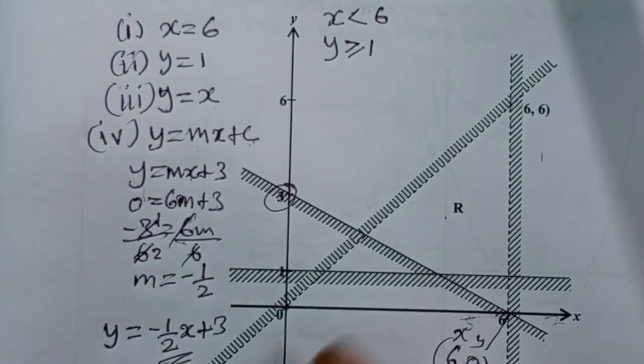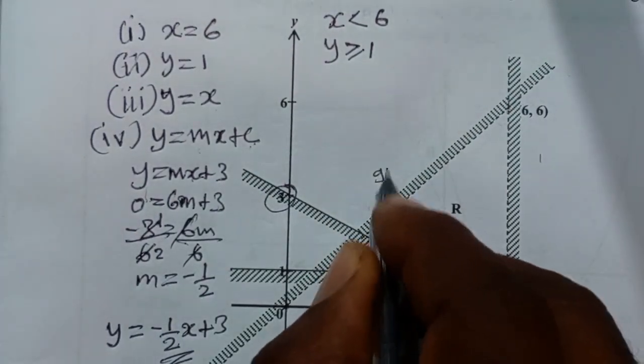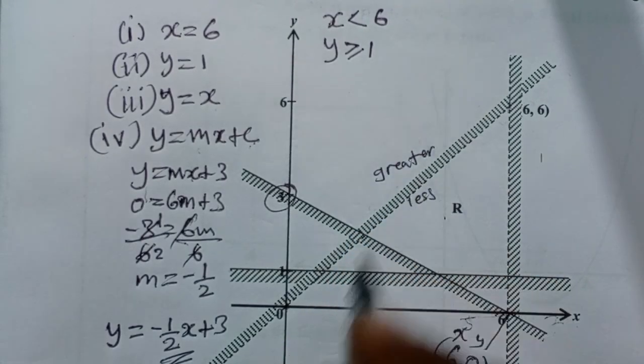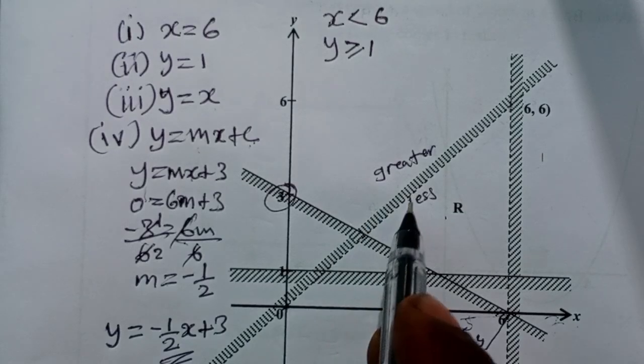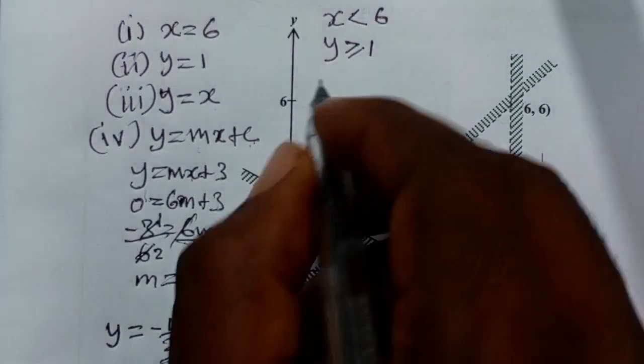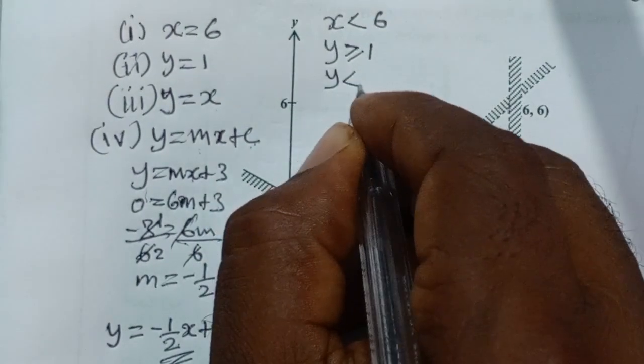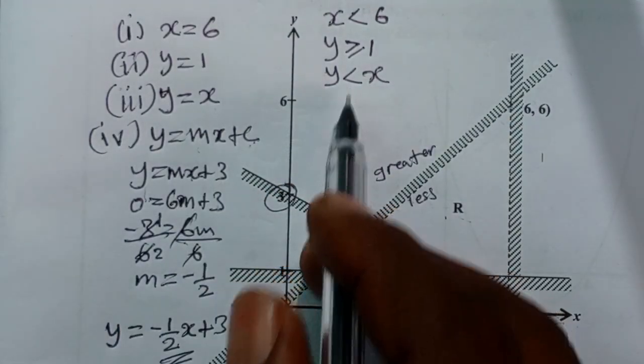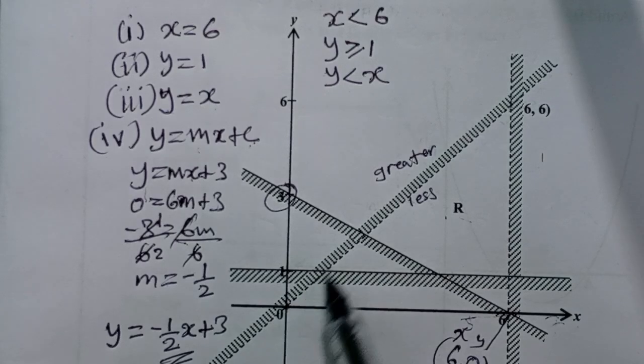So for this line, this part is greater, this part is less. For this line, the unshaded region is less. So it is going to be y is less than x. It is not with an equal to, the reason being that it is a dotted line.